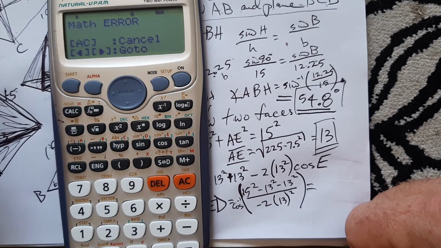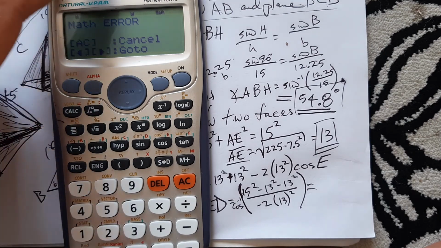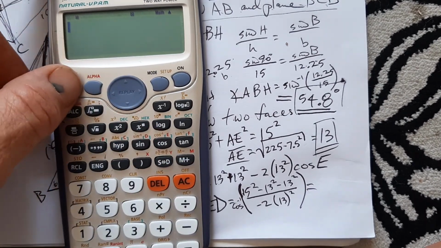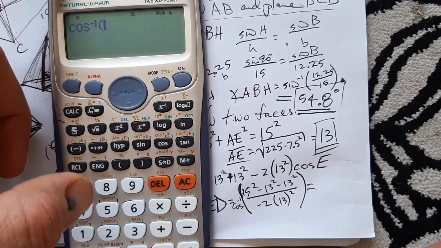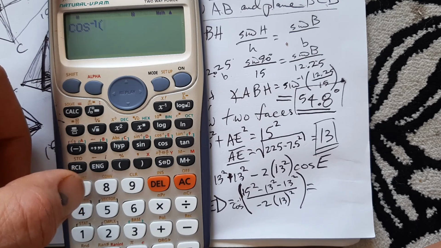Oh, bummer. What went wrong? Okay, let's clear it again. Try again. Shift cosine inverse of, let's put a bracket on it.